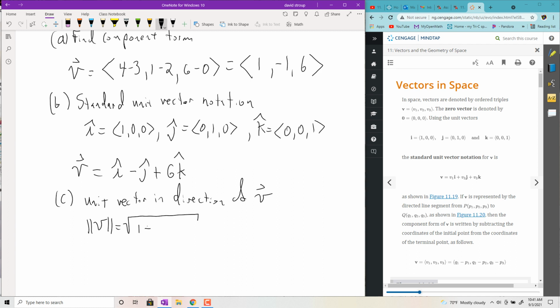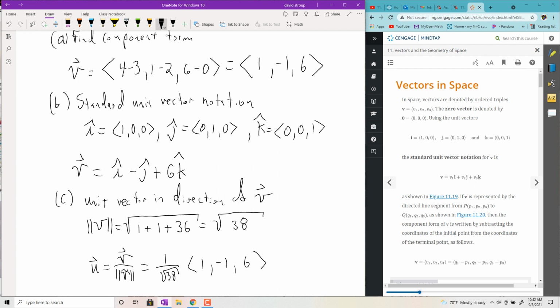So 1 plus -1 squared is 1, plus 6 squared is 36. Just like before, except now you're adding in a third component, and that'll be square root 38. So the unit vector in the direction of v is just the vector v times the reciprocal of the magnitude of v. We'll write that as 1 over square root 38 times 1, -1, 6.